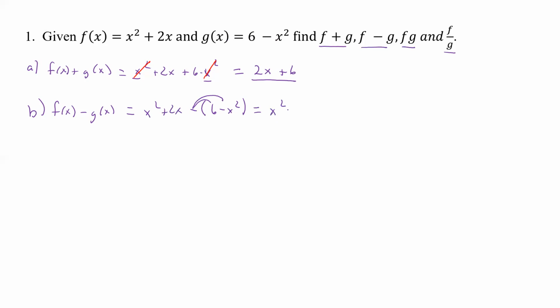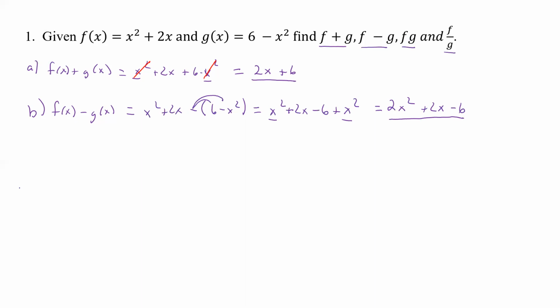And so we get x squared plus 2x minus 6 plus x squared, because we're distributing that negative. Now we have like terms. We have an x squared plus an x squared, so it's a 2x squared. Then we have plus 2x, and then minus 6. And that then is what our f minus g is.